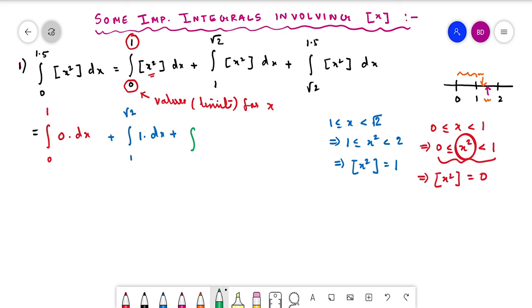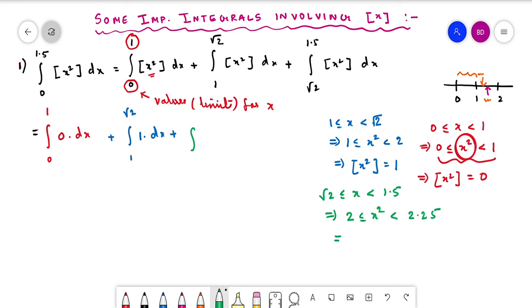Now let's see what happens to the third portion. Here the limits of x are root 2 and 1.5. That means root 2 less or equal to x less than 1.5. So if you square it, then 2 less or equal to x square less than 1.5 square, that is 2.25.